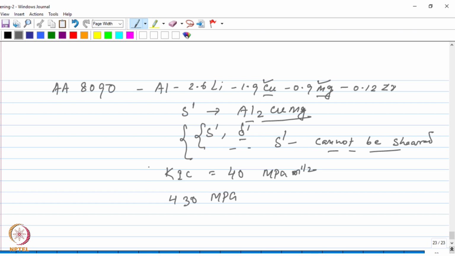So these are actually high strength alloys. Only difficulty, as I said, is the fracture toughness and the ductility. And the density is also low, as I said before. Much lower than pure aluminium.